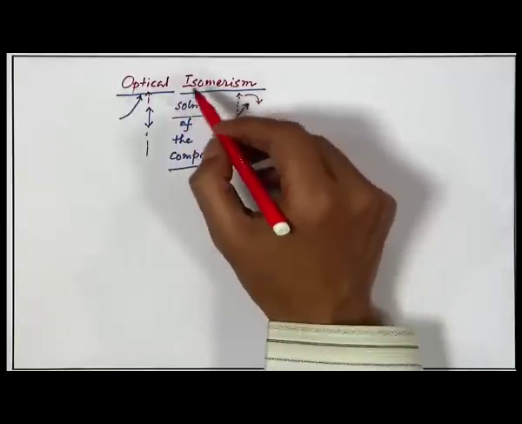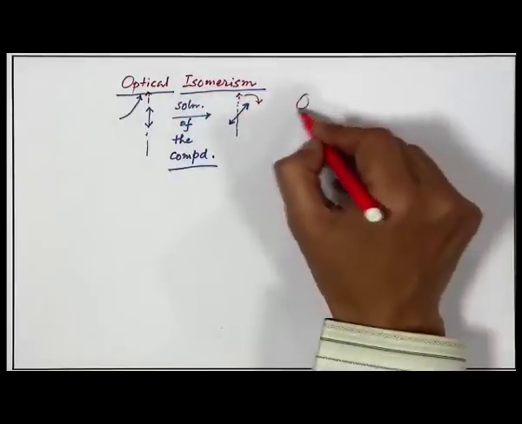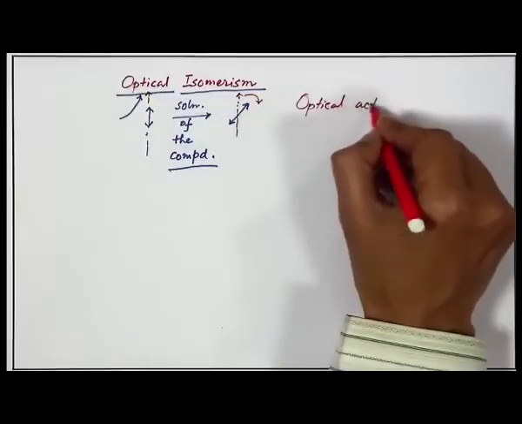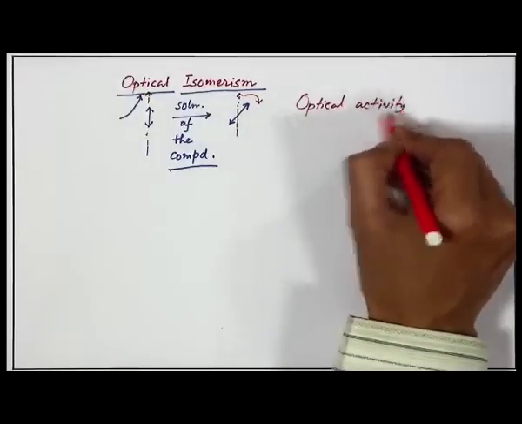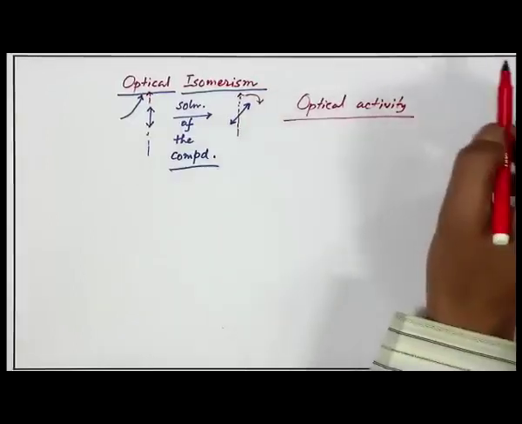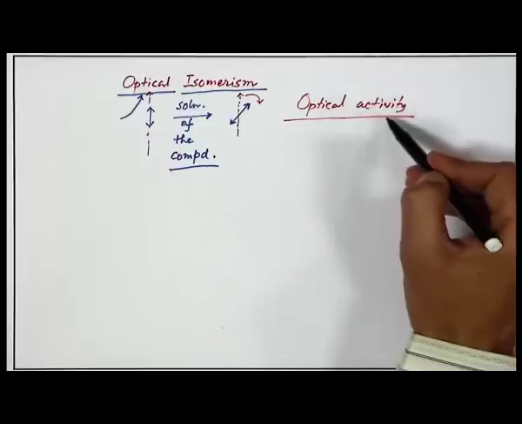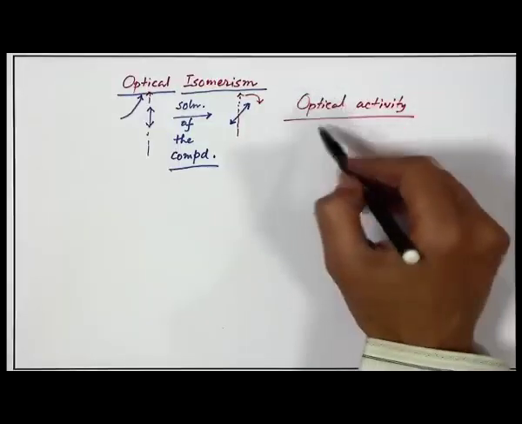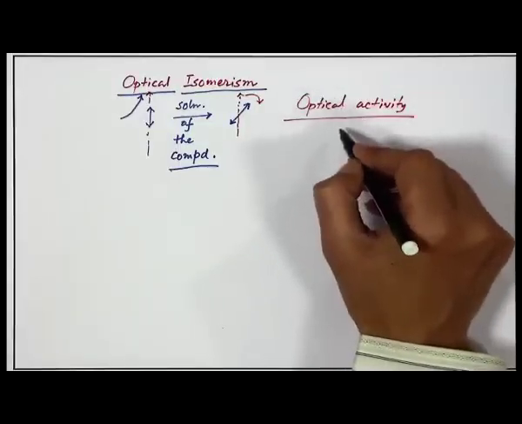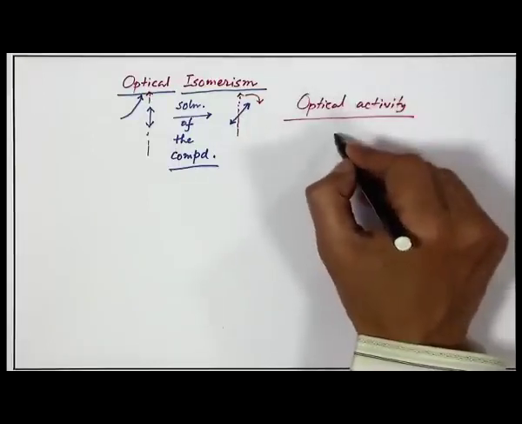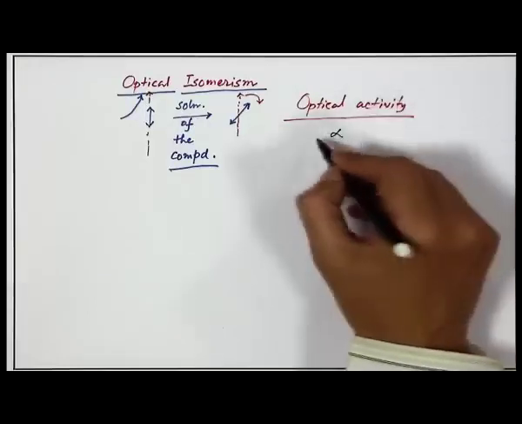So, what is the optical activity of that particular coordination compound? Whether the compound is optically active or not, we find the magnitude of the rotation of the plane polarized light, and we can express this, sometimes reporting it at the sodium D line.